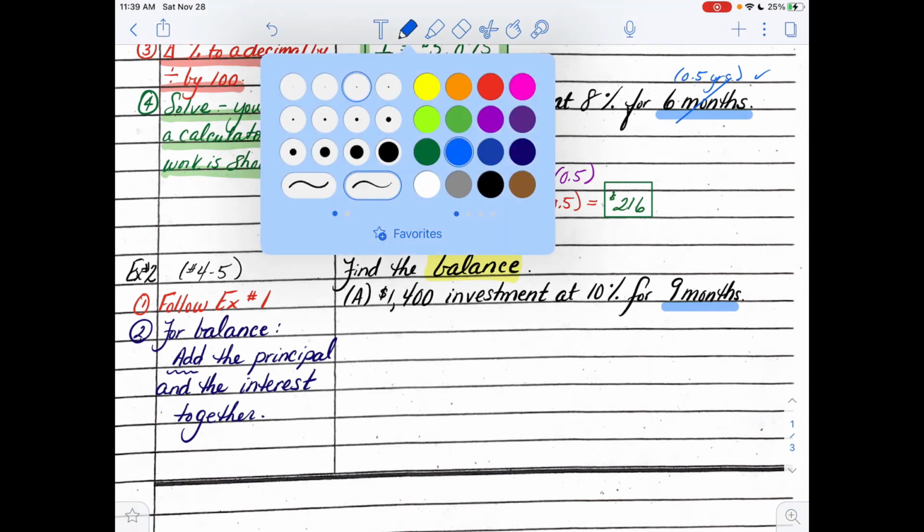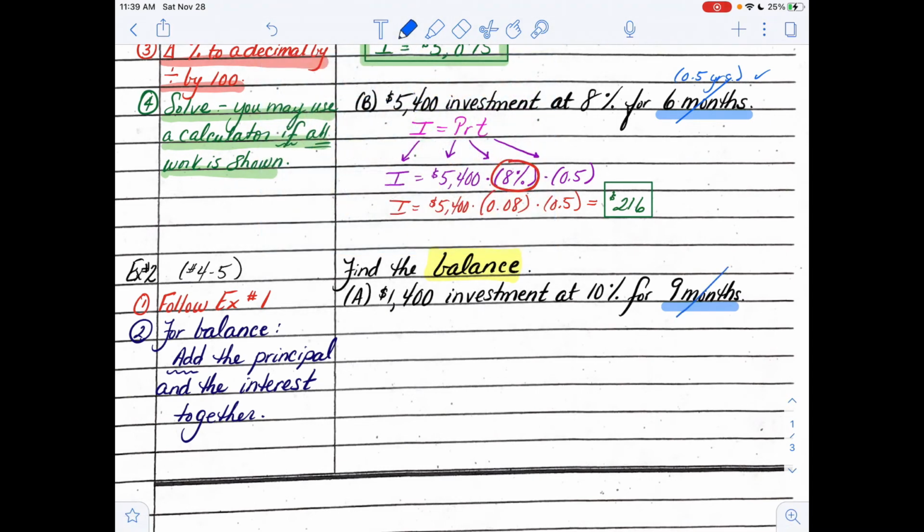So we're going to go ahead and again, following example 1 means I can't even start until I look at the time. Right now, 9 months is not in years. So we're going to change that 9 months. And 9 months is 3/4 of a year, or 0.75 years. And we're going to then write out the formula, because now I can get started. I equals PRT. Interest is the principal times the rate times the time.